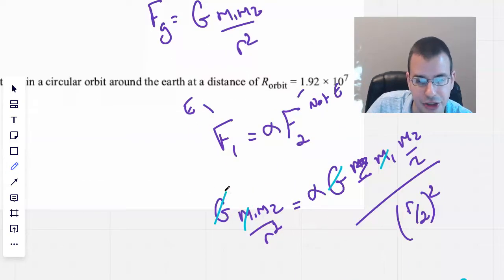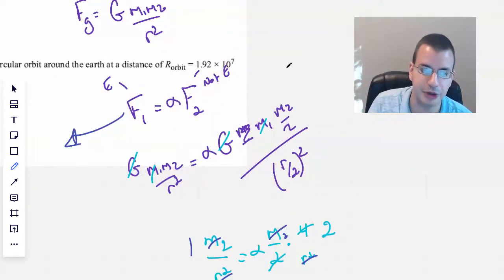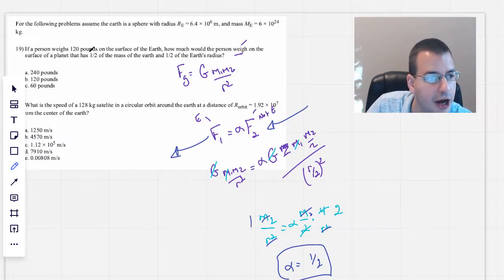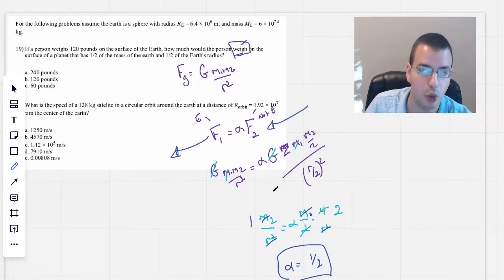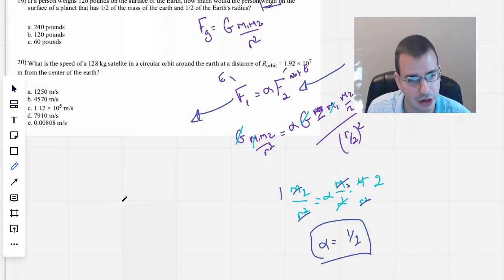So we're going back to the beginning here, where this is the force of the person on Earth. This is the force of the person on the other planet. And we're trying to find how much the person will weigh on the other planet. Weight is a force. So here then we know that F1 equals 120.